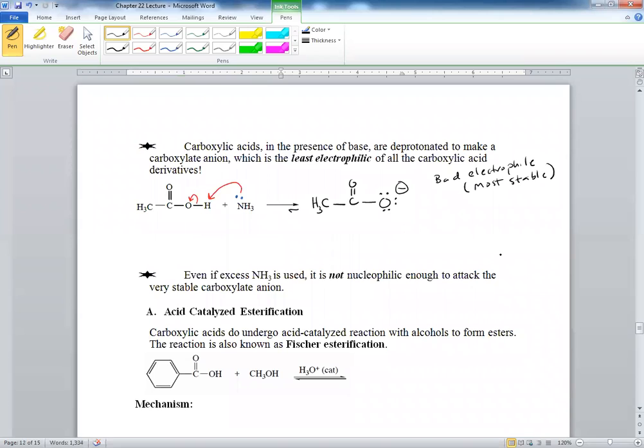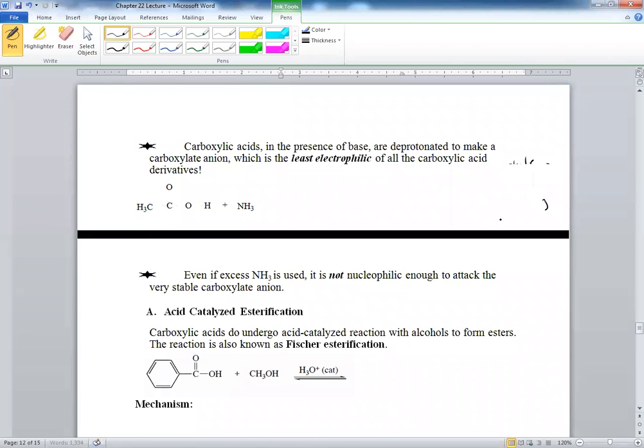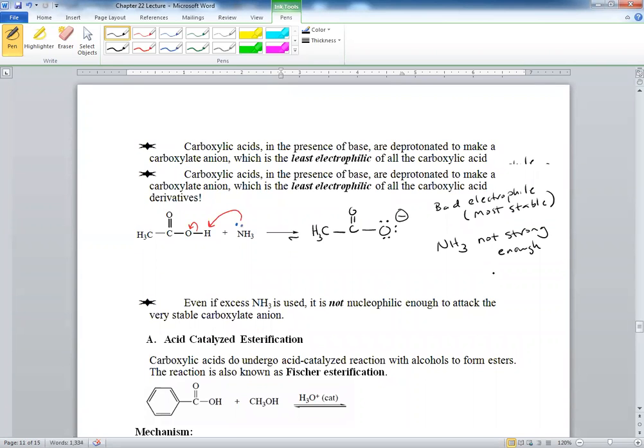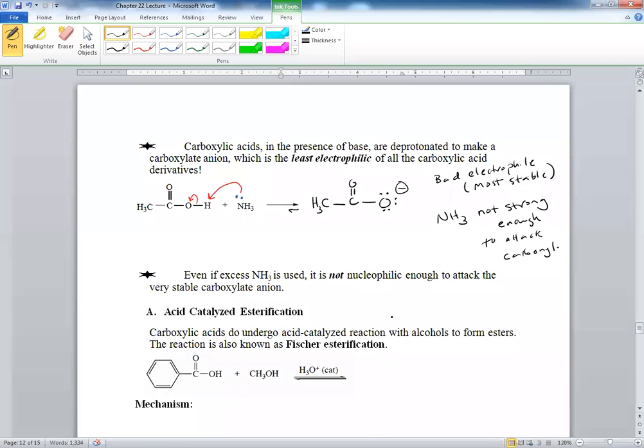And of course, you also have NH3, which is not strong enough to attack the carbonyl.